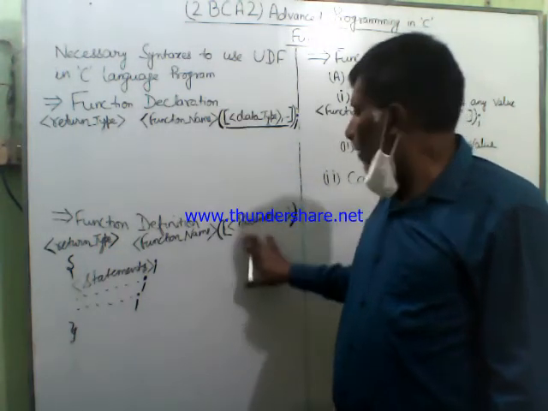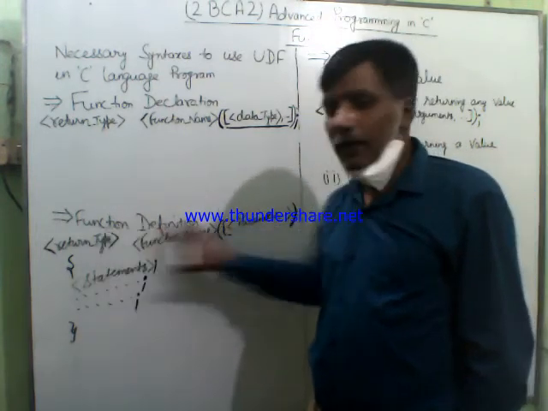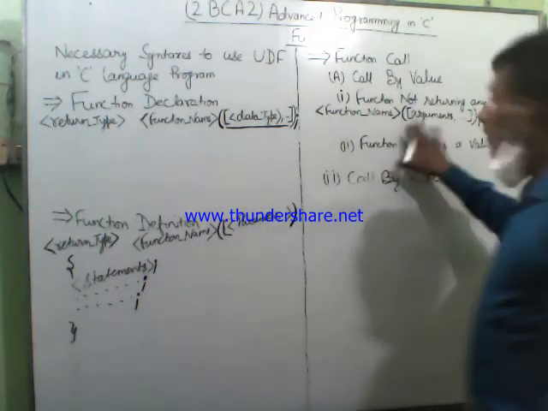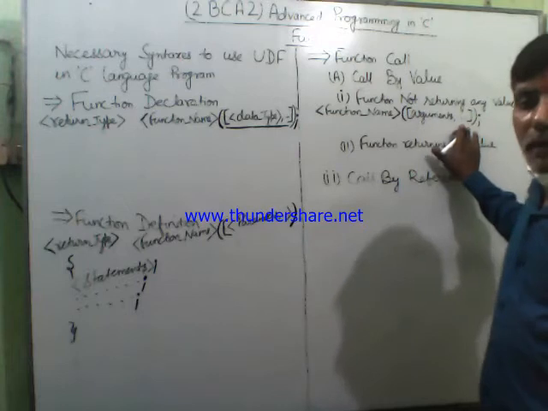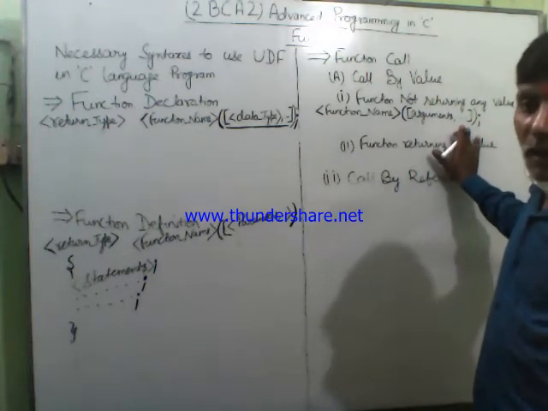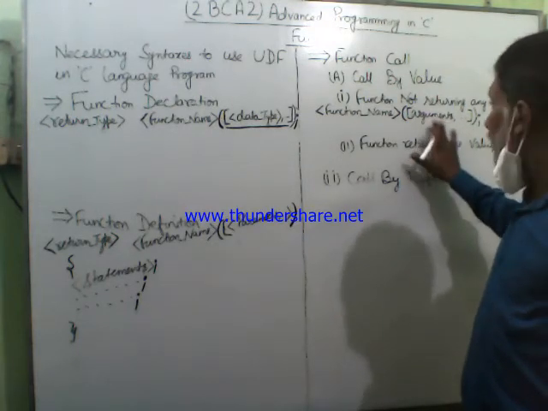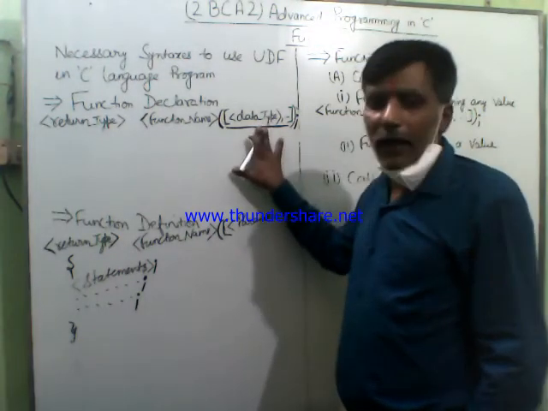The parameters are written while performing the function definition, and the arguments are written while performing the function call, and the number of arguments, parameters and data types should all match.